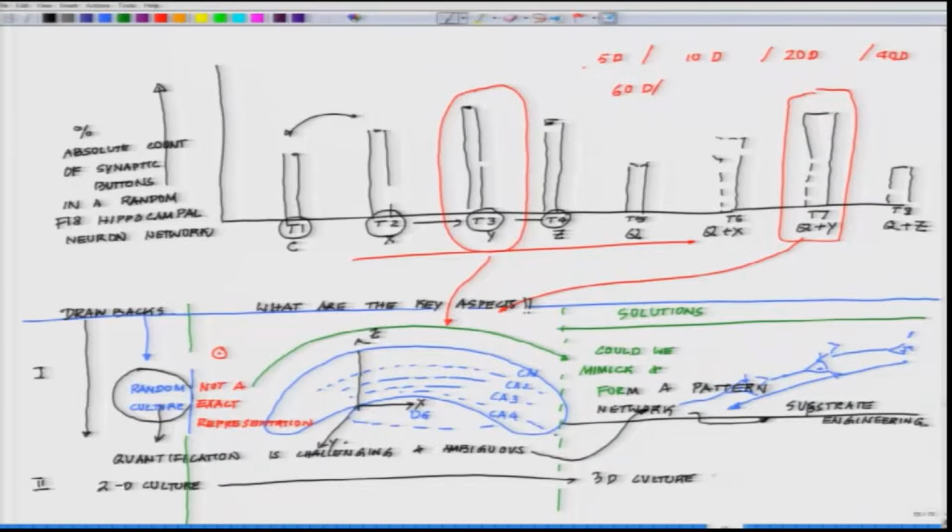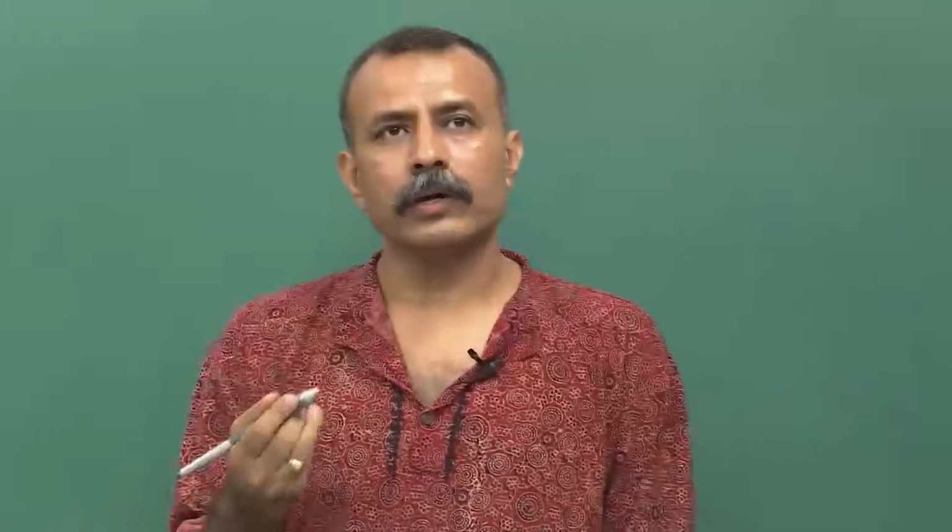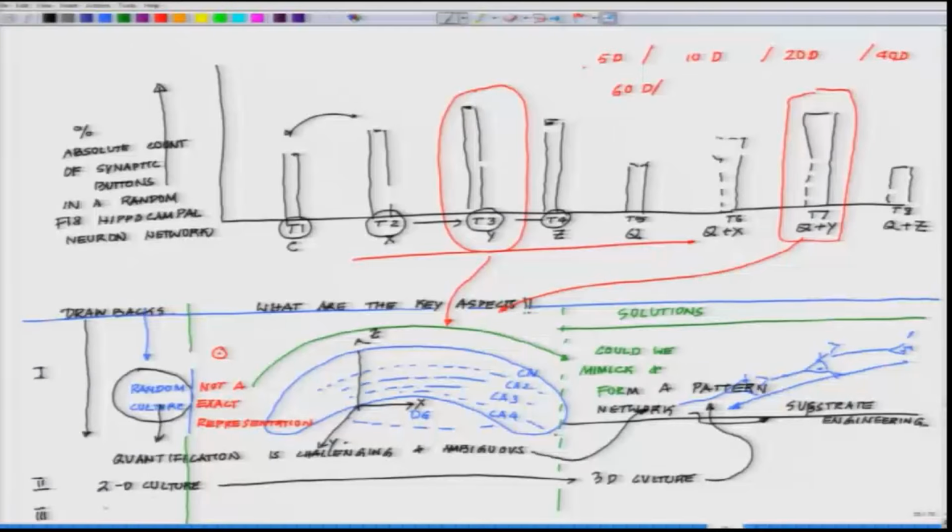And the challenge will be, could we make a 3D pattern culture? That is where the future is. You are almost trying to mimic that organ in a dish, and that will take us to the lab on a chip concept. Third point. Now, 3D and 3D pattern. So, we are taking one step.